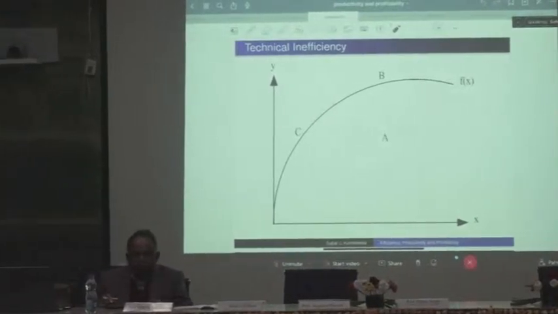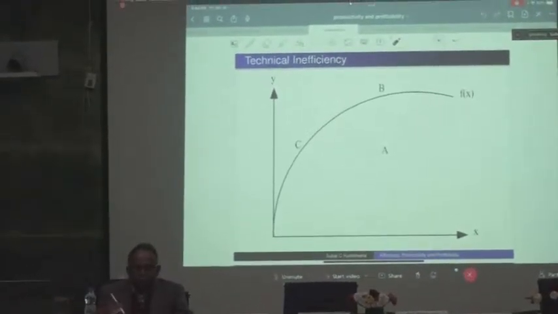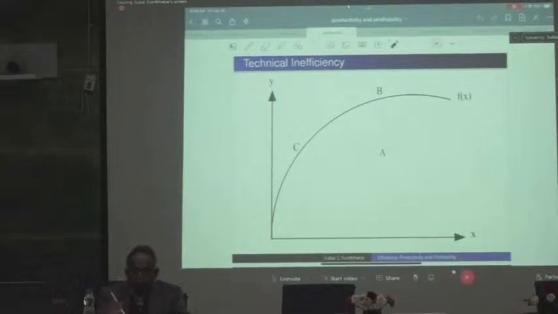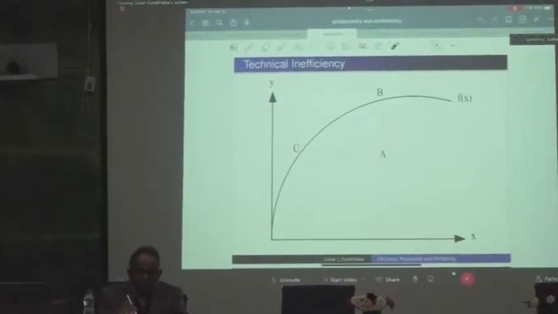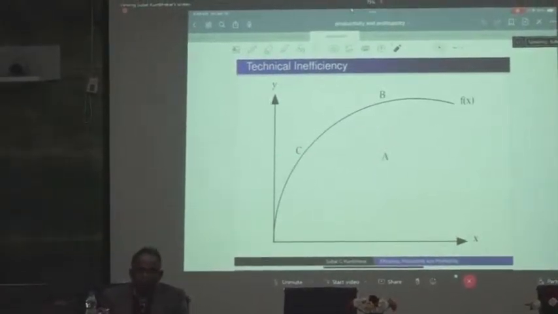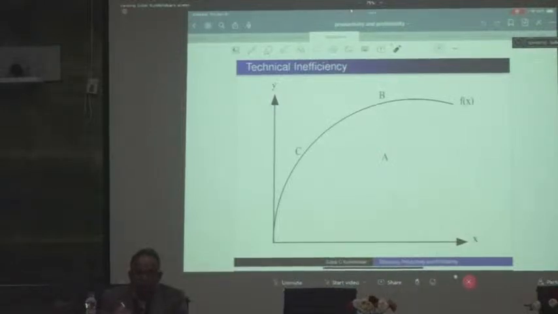So if you are observing a particular firm with some level of input X, like this much, that means you are observing point A. That means the output is given by this distance, and since it's an inside point, it's not on the production frontier or production function.